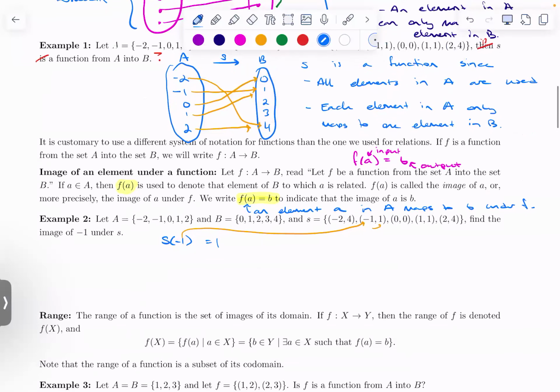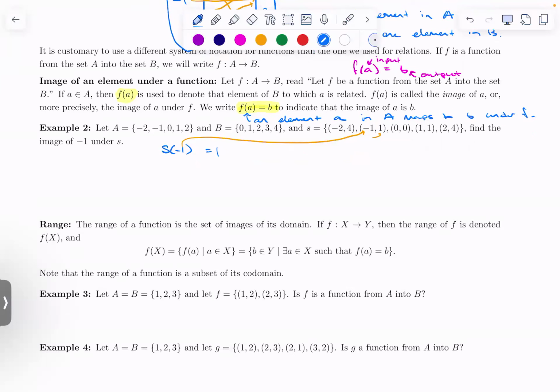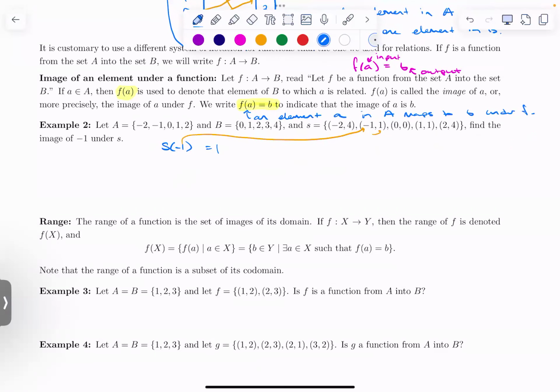From earlier, 2 and 3, like we said, are not being mapped onto. That's okay, right? It just means they're not in the range. And so here, in general, S of capital A is the set, whereas a lowercase a is an element in capital A. Okay?